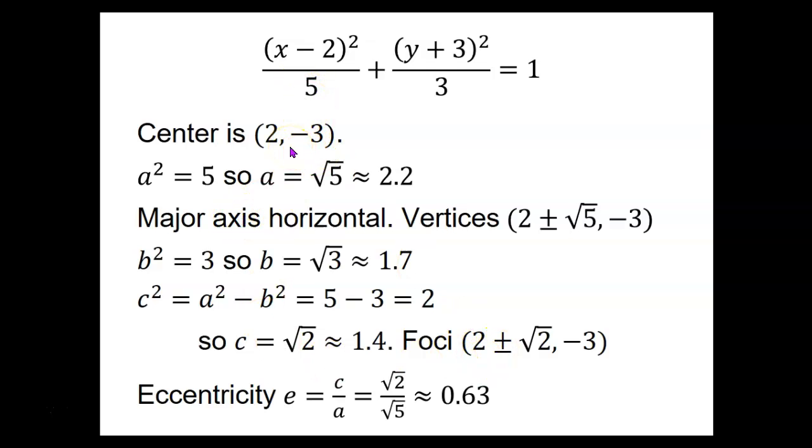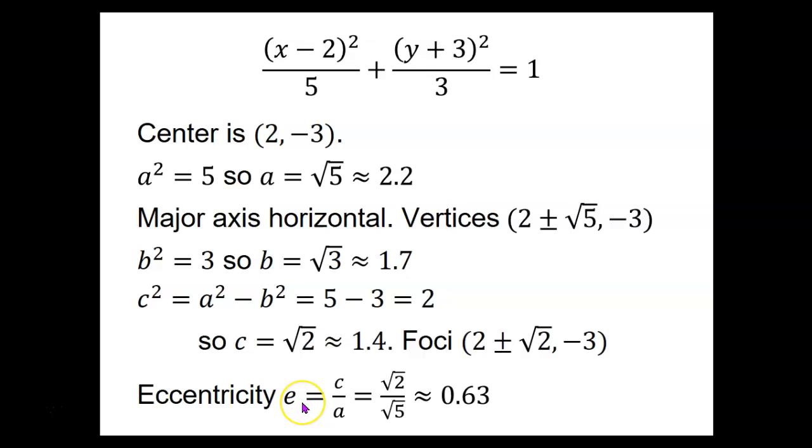If you start at the center and go square root of 2 units in the x direction, right and left, you get to the foci. So take the x coordinate of the center and add or subtract the square root of 2 from that to get to the foci. So 2 plus and minus the square root of 2 for the x coordinates of the foci, and still just negative 3 for the y coordinate.